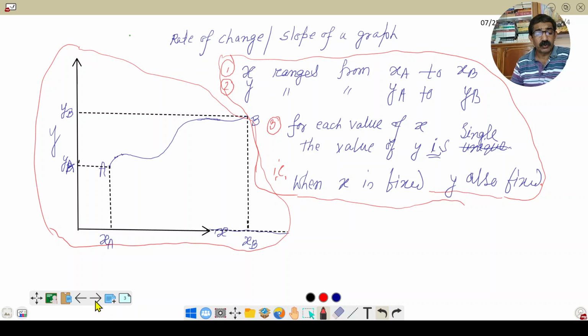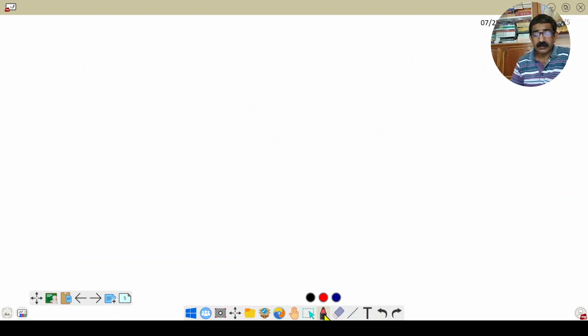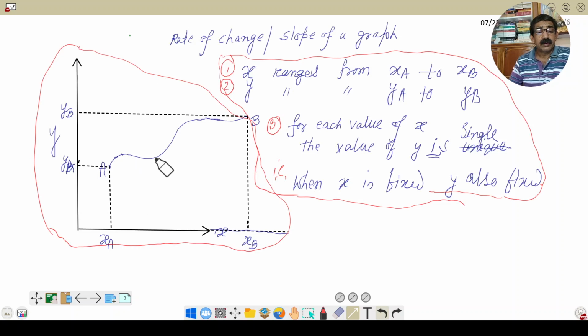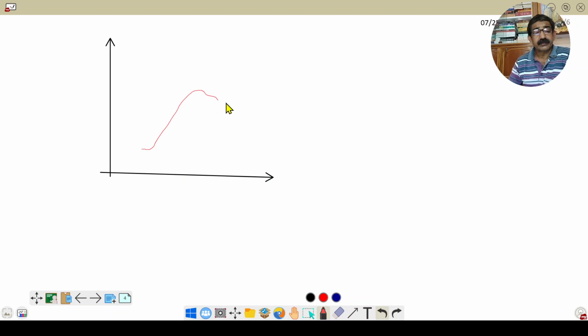Okay, now we're going to page number 4. A similar graph is being drawn here. This is the y-axis, this is the x-axis, and this is the graph.